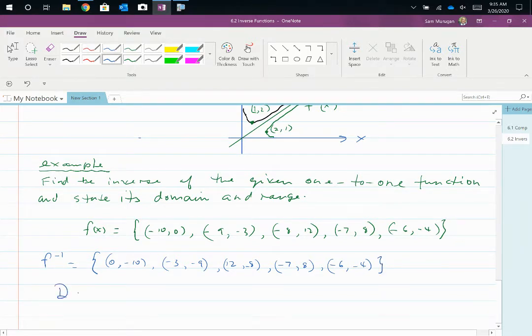The domain, of course, would be the list of all the x values without repeat, and the range would be the list of all y values without repeat.